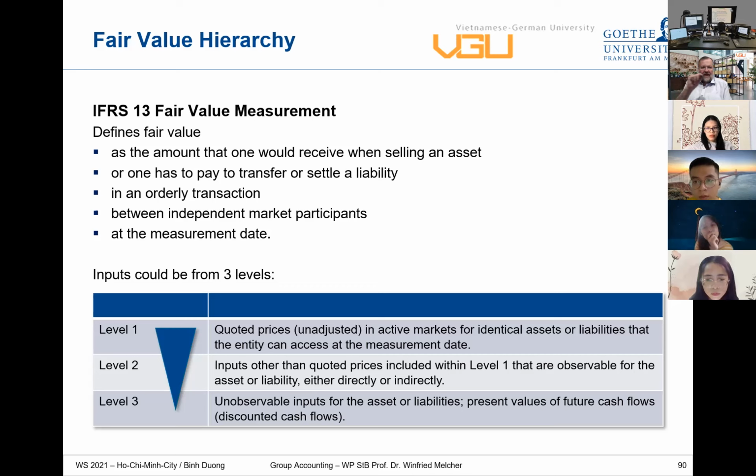Then you can work back to the fair value of the bauxite that you have. So you cannot directly see an input, but you have a related one with a strong relation to that one. And I think that is level 2.